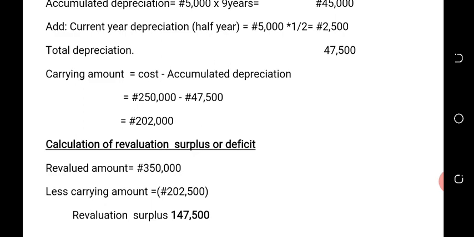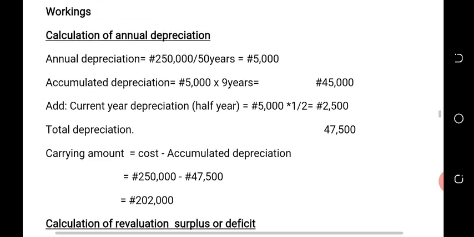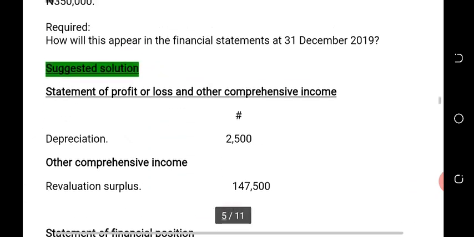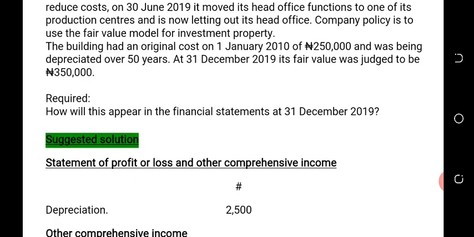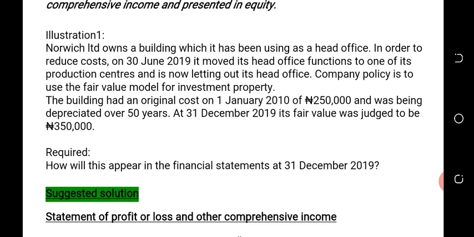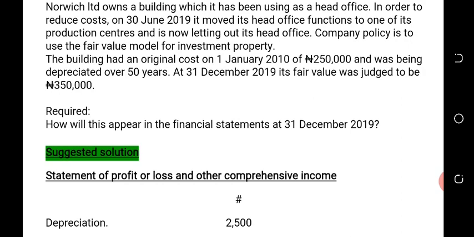So our carrying amount is 202,500 naira. Now we are told that the fair value as at the end of December 2019, at the end of the year, was 350,000.